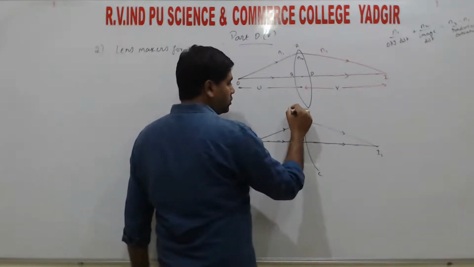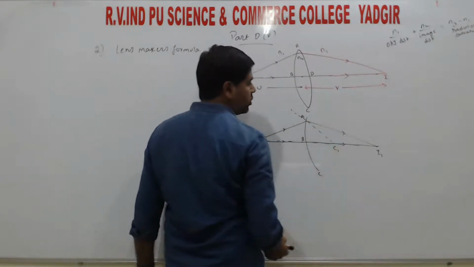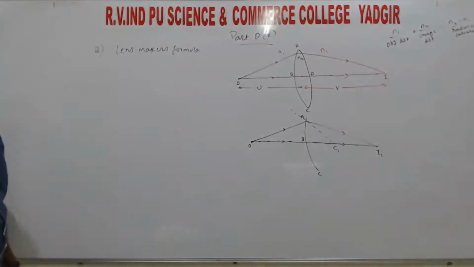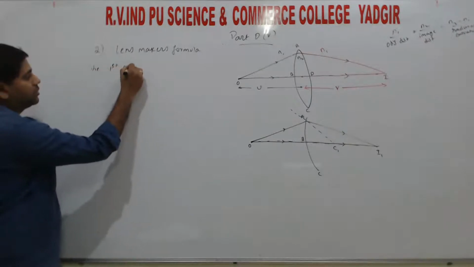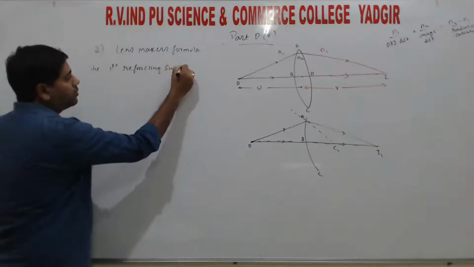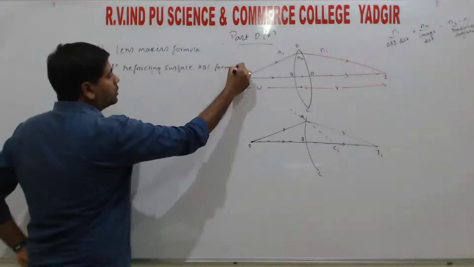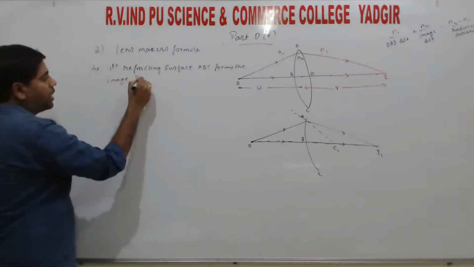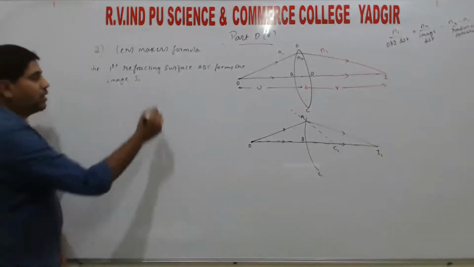So draw the normal. That normal is passing through the center of curvature, which we call C1, right? So for that, the first refracting surface ABC forms the image I1, right?